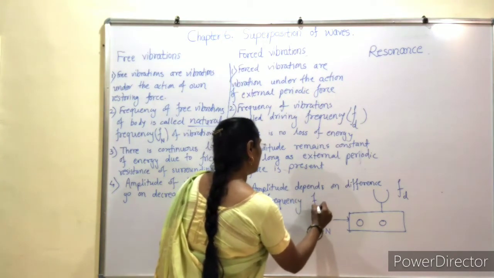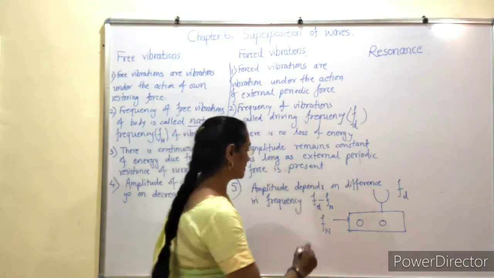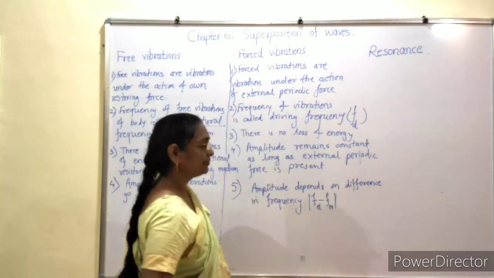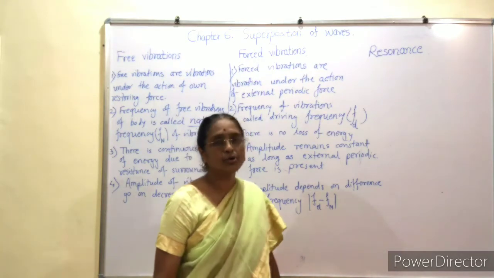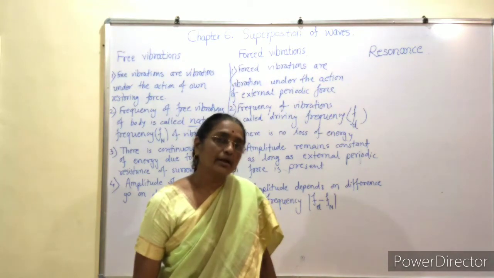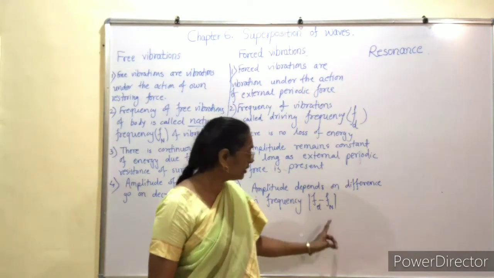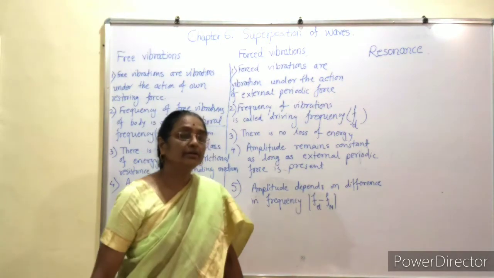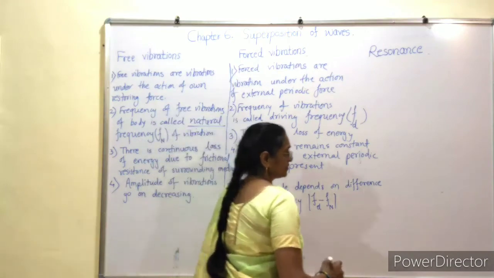This point is slightly difficult to understand, but try to understand it. If there are two bodies, one is an externally vibrating body, and the other body we have to vibrate by the external periodic force, then both initially have different frequencies. If we consider the difference, then amplitude depends on that difference, and we show it on a graph like this.